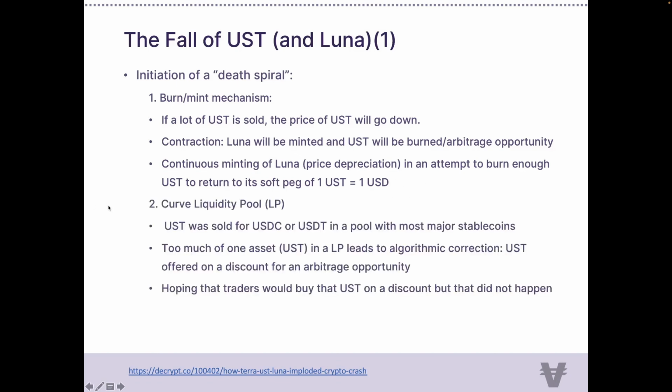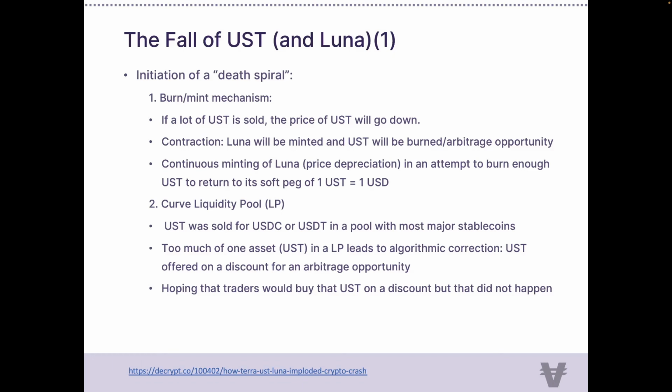And the second important reason is the Curve liquidity pool. So what happened when the funds were transferred from the Luna network through the Wormhole bridging protocol to Ethereum: the Curve protocol is on the Ethereum network, and USD was then sold for USDC or USDT in a pool with most major stablecoins.